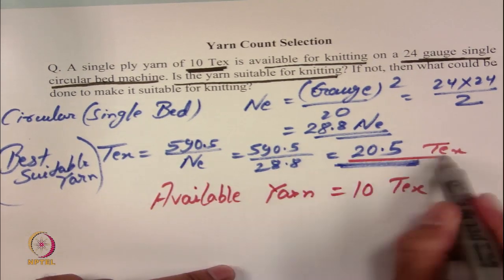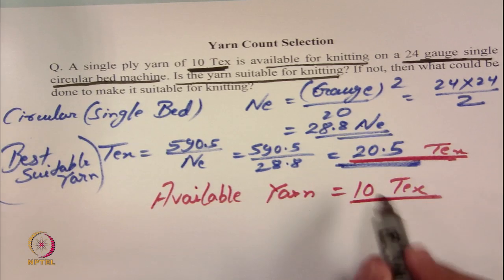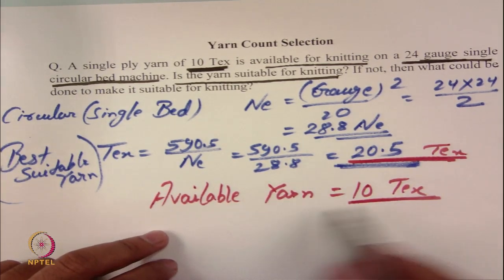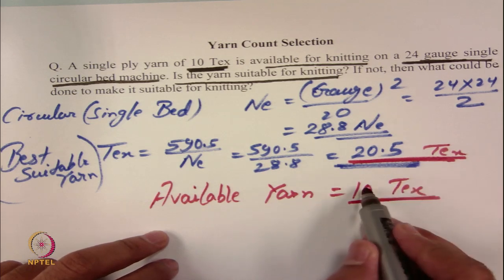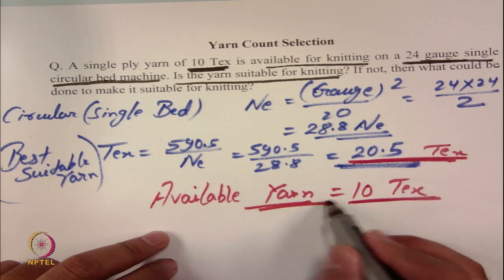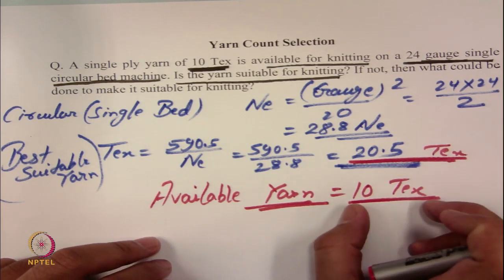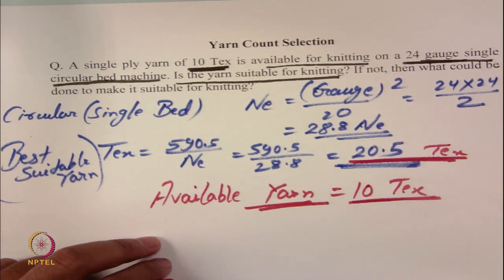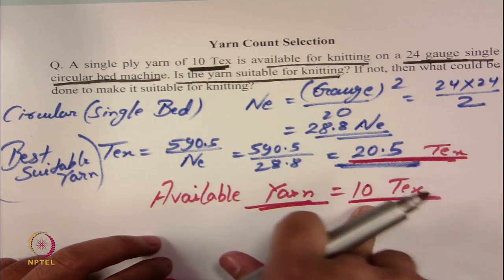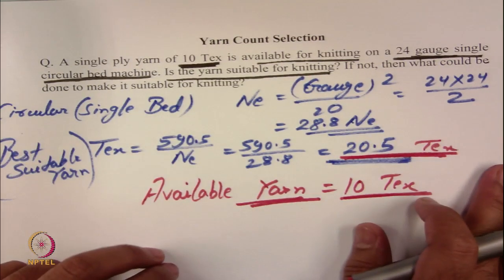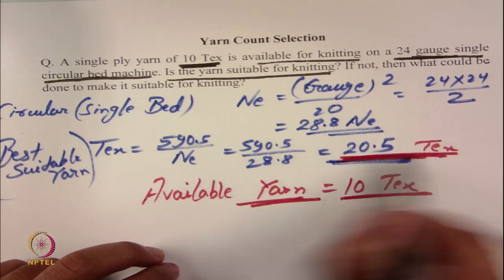So, you can see here this is 20, this is 10. Naturally, this is a much thinner yarn. So, the available yarn in this form we cannot run on this machine, because this is a much thinner yarn and the needle is coarser. The moment you start running this yarn, it is way below the expected tex.